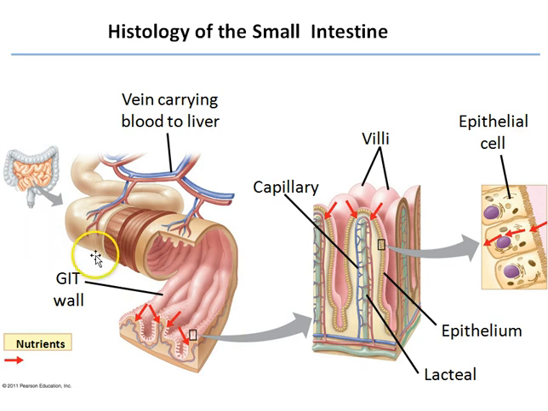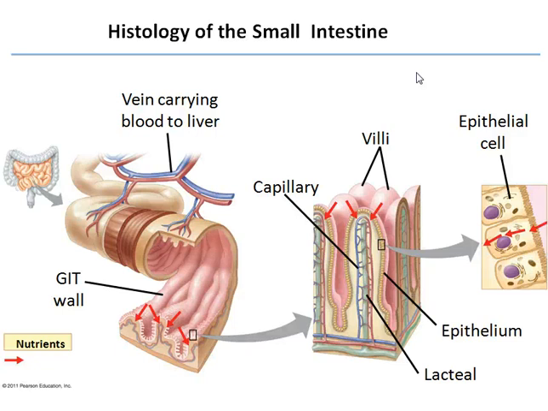First of all, we have the plicae circulares, which are visible without the aid of magnification. These are particularly prominent in the duodenum. Then we have folds of just the mucosa, we call villi. These create a very high surface area, and nutrients can be absorbed across that surface area. That huge surface area allows you to capture lots of nutrients.